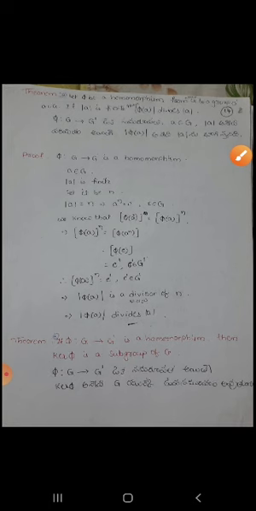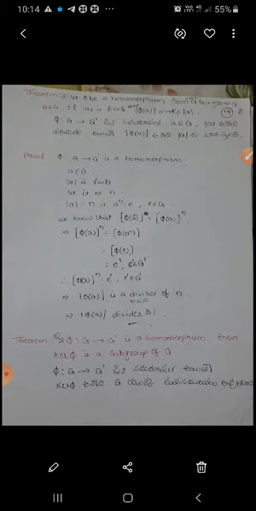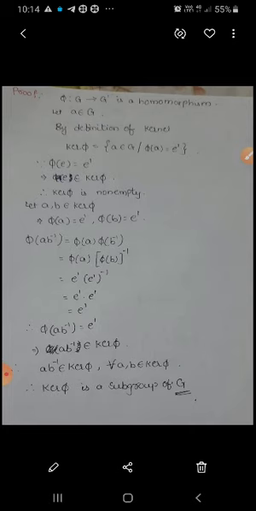So next, if phi maps G to G dash is a homomorphism, then kernel phi is a subgroup of G. So proof: phi from G to G dash is a homomorphism.